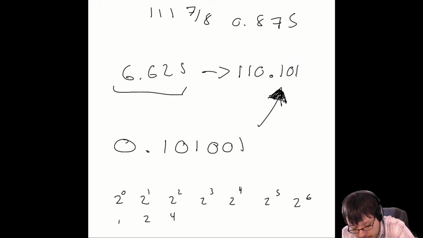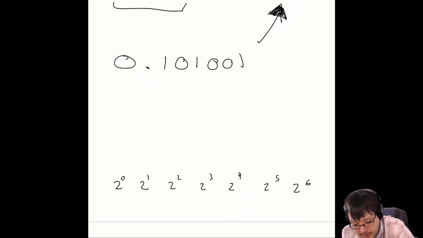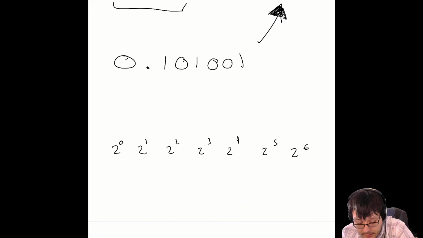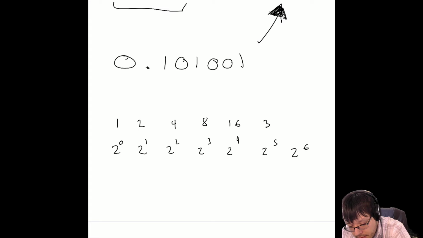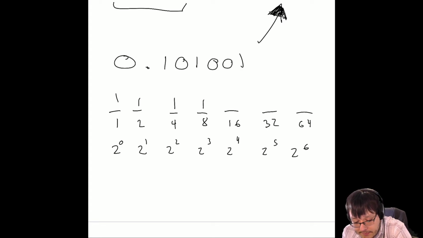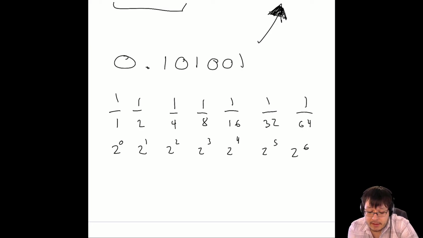Well, here, let me put them on the top because I can do something to them. So let me put some space here. So this becomes 1, 2, 4, 8, 16, 32, 64. And now the difference being with the fractions that I'm just going to throw a 1 in front of them like that. Okay? And I'm also going to get rid of this first one here.